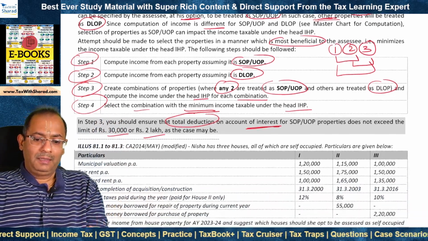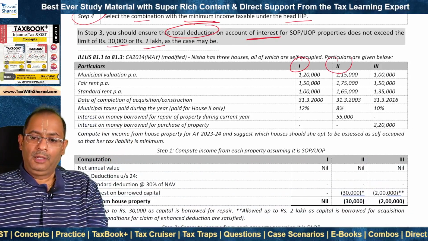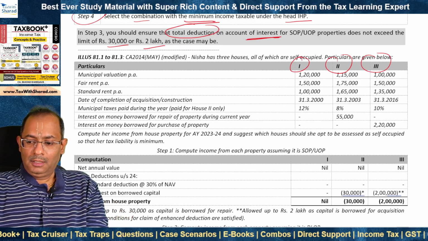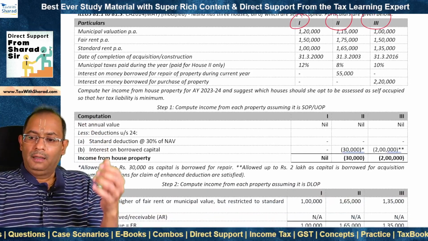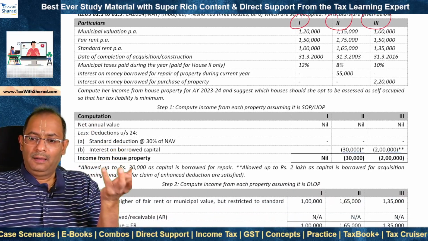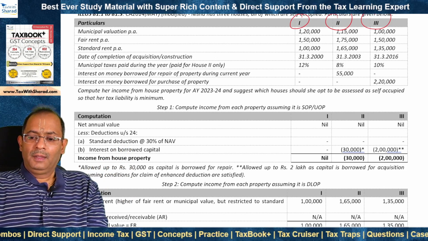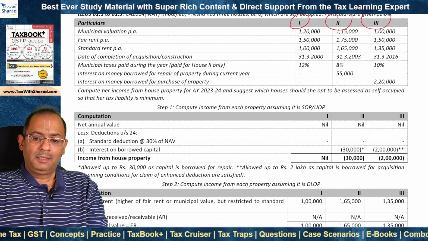So for example, there is an illustration in which there is a case of 3 properties, 1, 2 and 3. We are not going to look into this illustration in detail, but just showing you the approach. All of these are SOP or UOP, and therefore the SAC needs to select any two as SOP or UOP, and the third will be classified as DLOP.